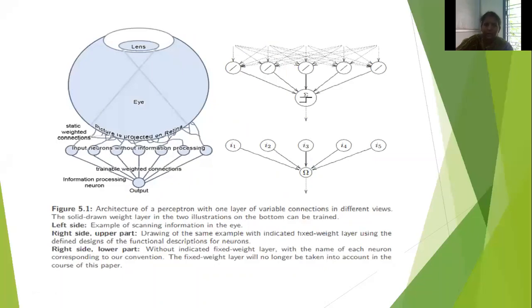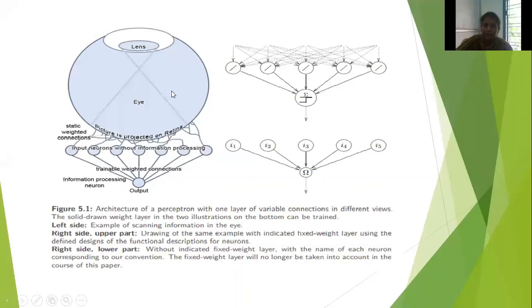So here, in the bottom right picture, there are no weights indicated. The fixed weight layer will no longer be taken. Here, I1, I2, I3, I4, I5 are indicating input neurons, and sigma is indicating the output neuron.